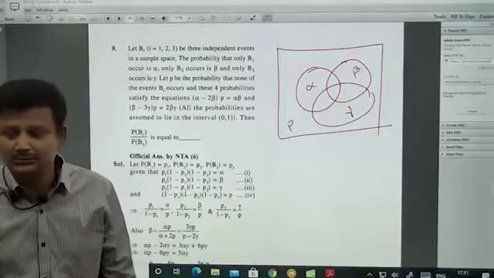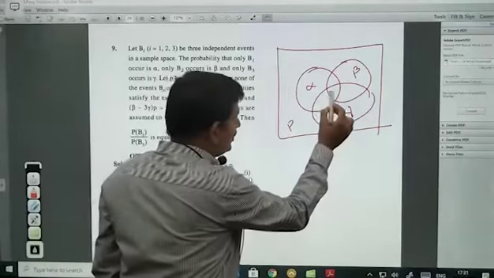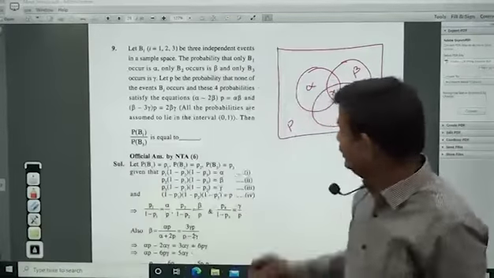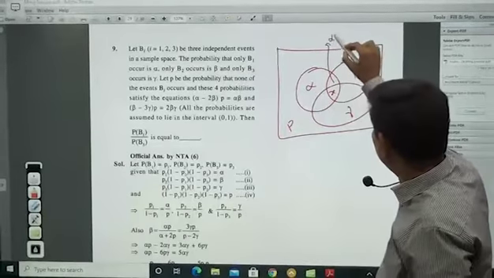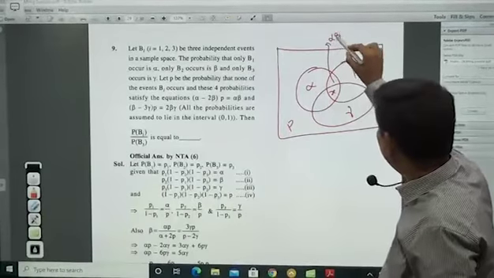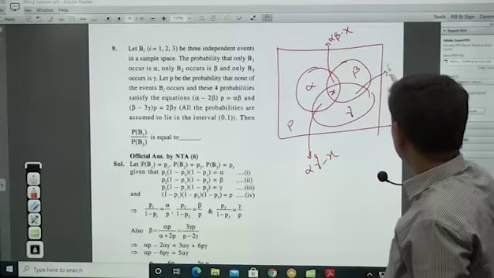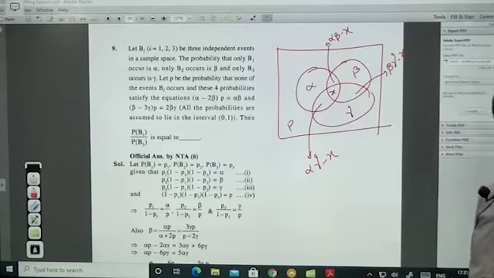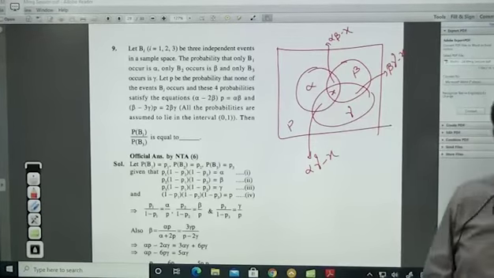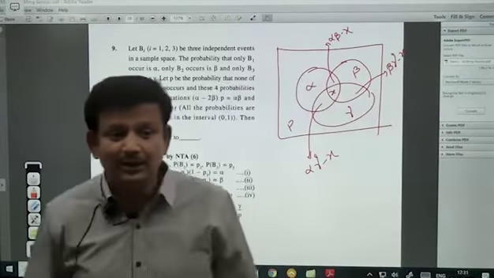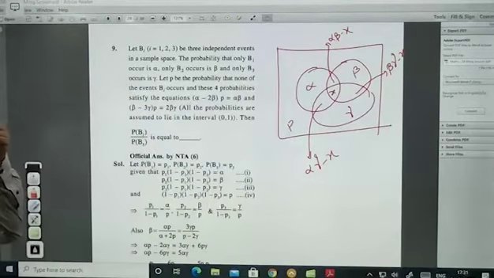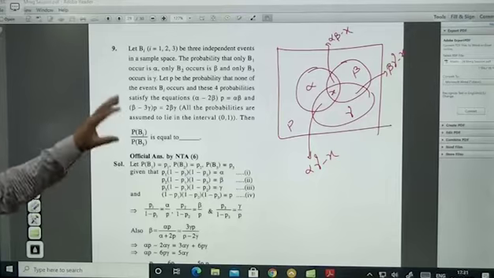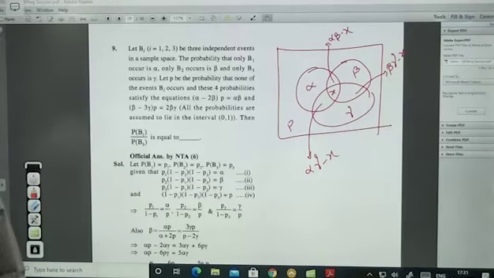So what is this entire part? Alpha beta. So this intersection, if I call it X, this part will be alpha beta minus X. This part will be alpha gamma minus X. This part will be beta gamma minus X. X is what? Alpha beta gamma. Sum of all these will be equal to 1. So what is he asking?